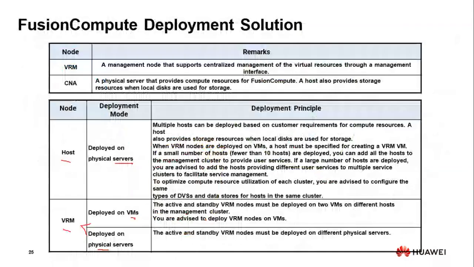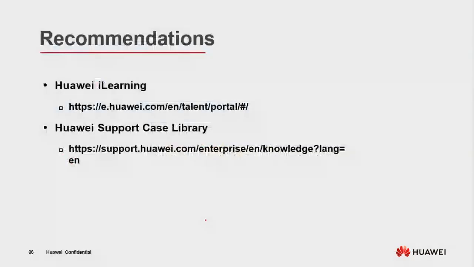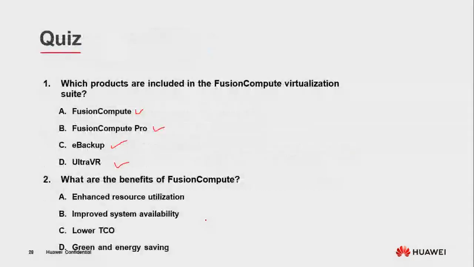Now let's go to the second question, to the class. What are the benefits of Fusion Compute? Number 1, enhanced resource utilization. Agree? Yes. Improve system availability. Yes. Low TCO.